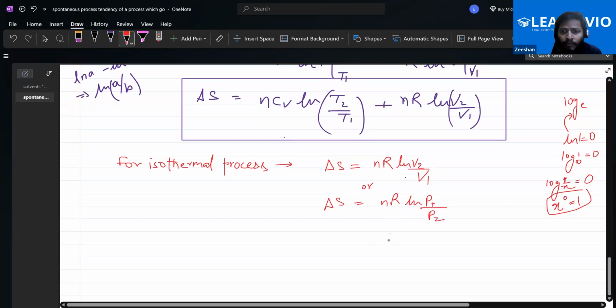At PV is equal to nRT, when temperature is constant, P1V1 will become equal to P2V2, right? So P1 upon P2 is equal to V2 upon V1.